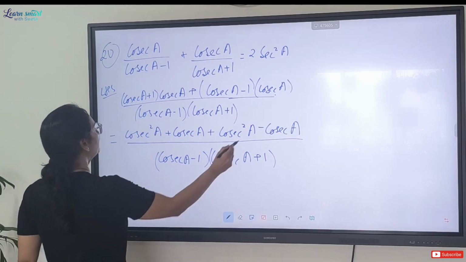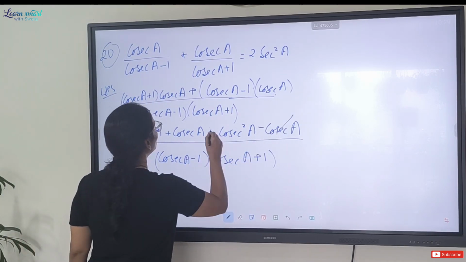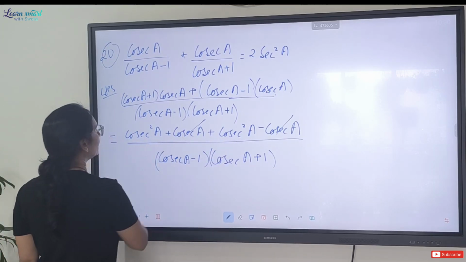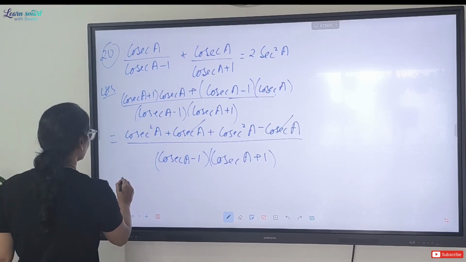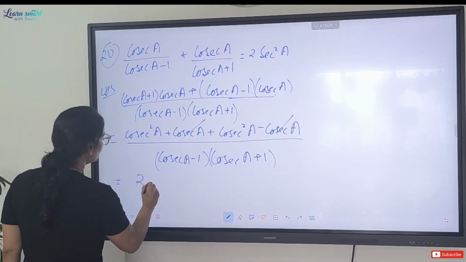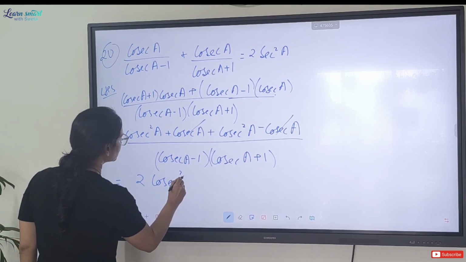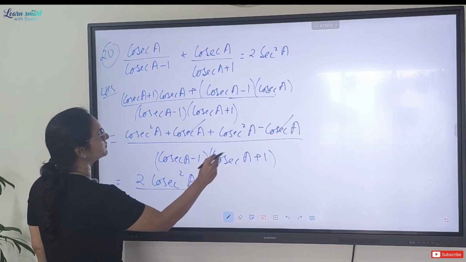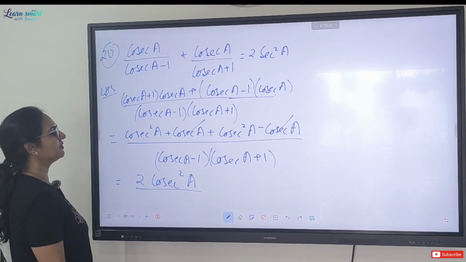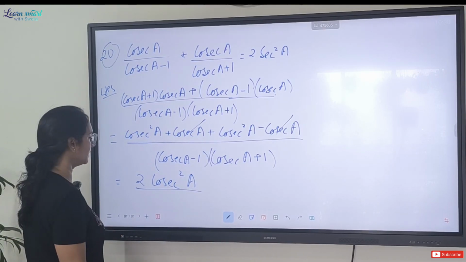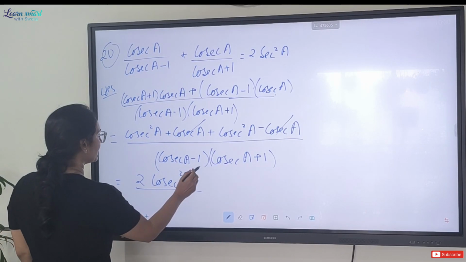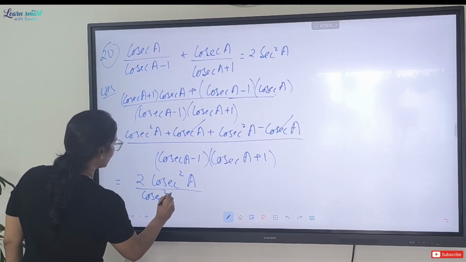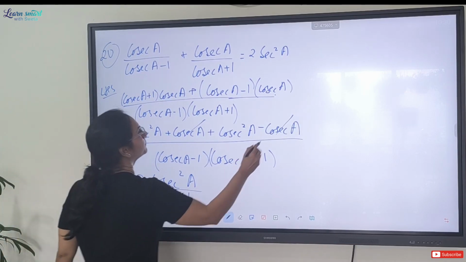So you can see over here minus cosec A plus cosec A, you can cancel. And cosec square A plus cosec square A, we can write it as 2 cosec square A. So we will write 2 cosec square A upon, this is cosec A minus 1 into cosec A plus 1, which can be written as cosec square A minus 1. So we will write this as cosec square A minus 1.